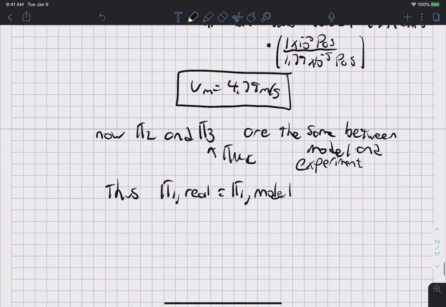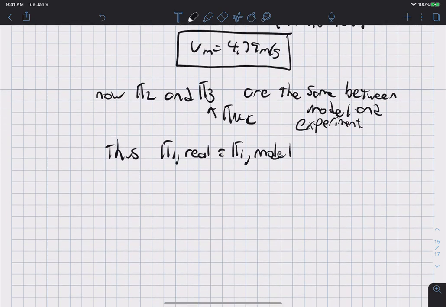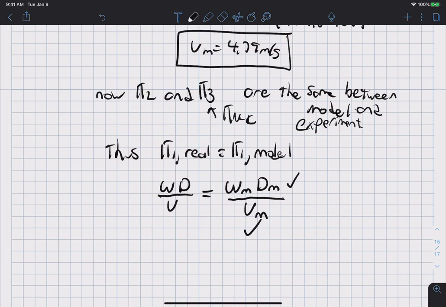Okay, and this means that omega times d over v is equal to omega of the model, d of the model, over v of the model. Okay, and we know v of the model, we just calculated that. We know d of the model, and in the experiment we measured the frequency of the model, and we know the wind velocity, and we know the size of the real object, so we can solve for omega.